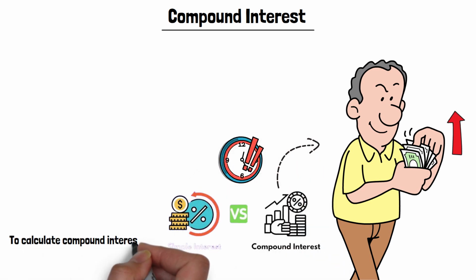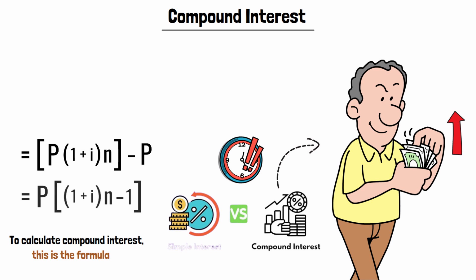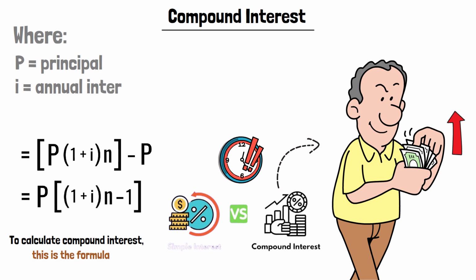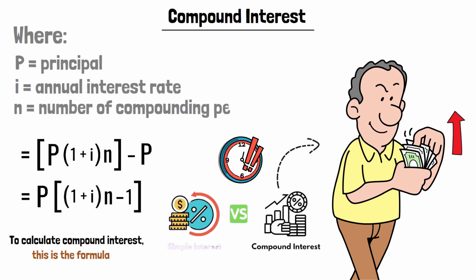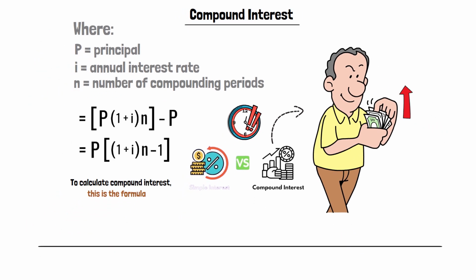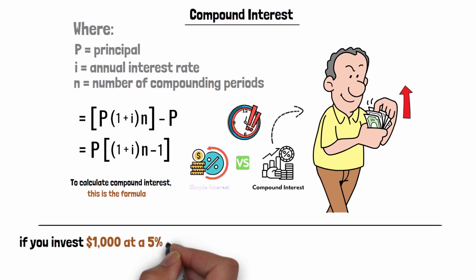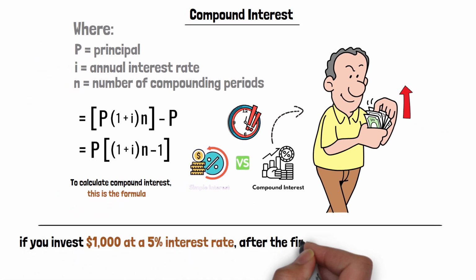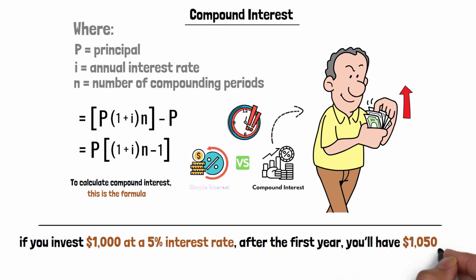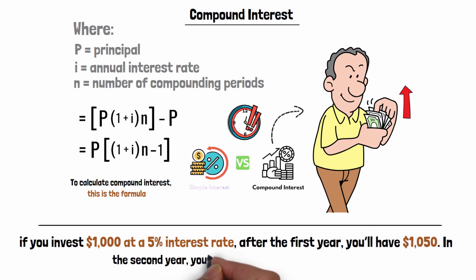To calculate compound interest, this is the formula, where P equals principal, I equals annual interest rate, N equals number of compounding periods. For example, if you invest $1,000 at a 5% interest rate, after the first year, you'll have $1,050. In the second year, you'll earn interest on $1,050, and so on.